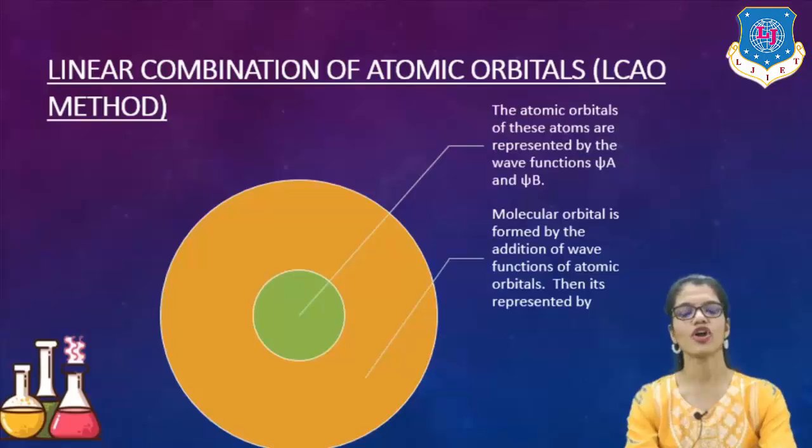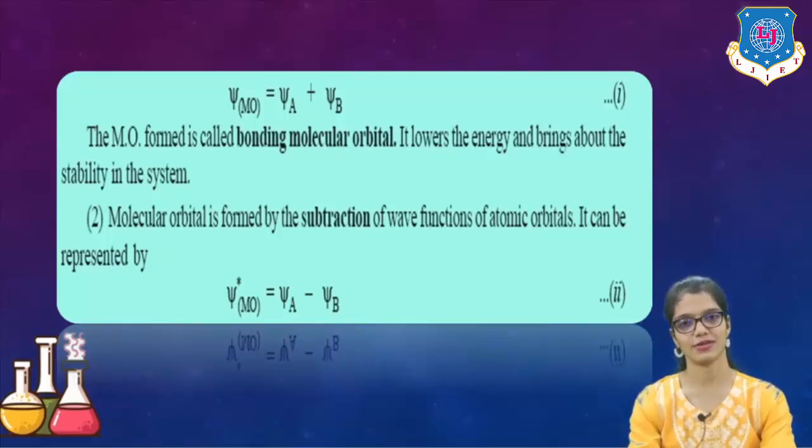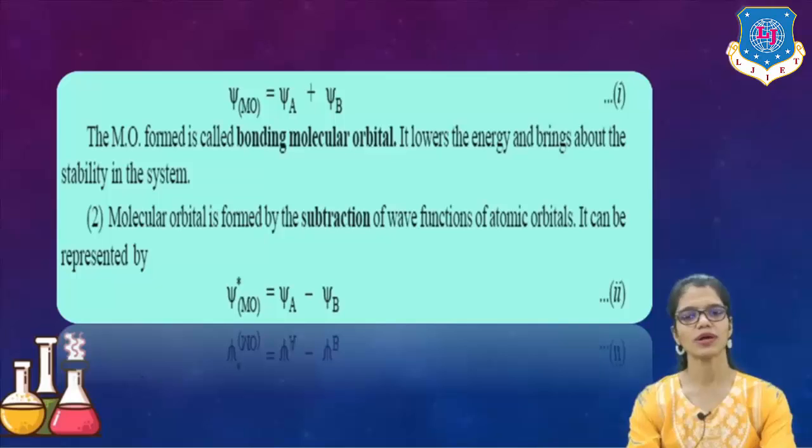Right? Now, the molecular orbital is formed by the addition of wave functions of atomic orbitals. So, it can be represented as this equation. How can we represent it? We know that we have different kinds of molecular orbitals, like bonding orbitals, non-bonding orbitals, anti-bonding orbitals, etc. So here, let's take psi MO equal to psi A plus psi B. This is known as equation number 1.